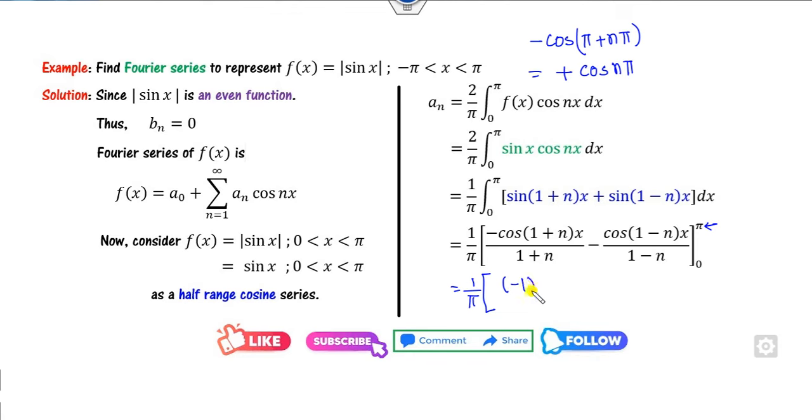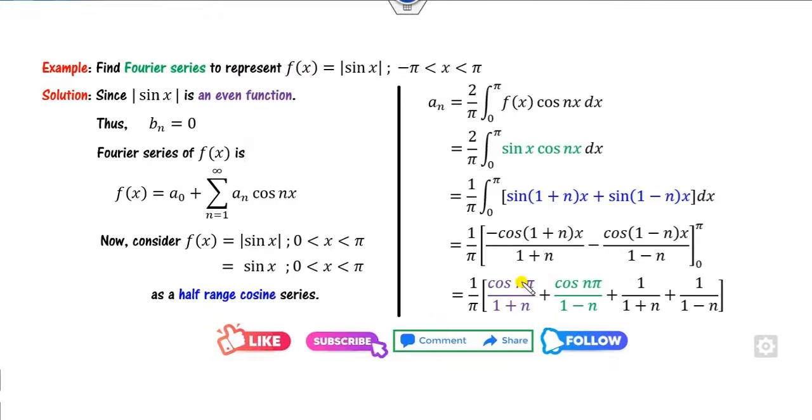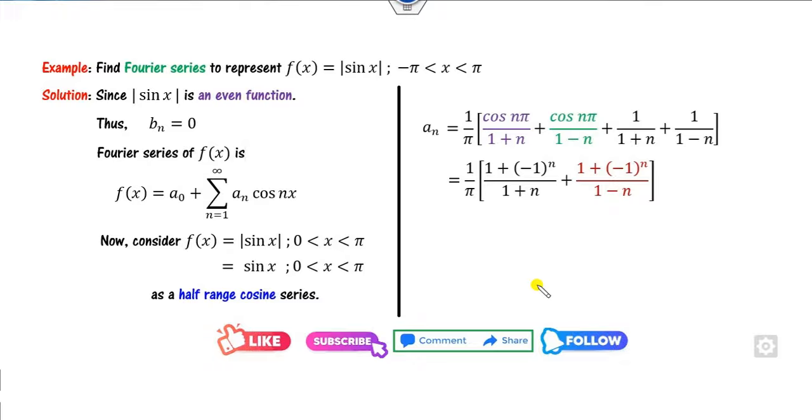Cos n pi will be minus 1 raised to power n. Similarly, this number is minus 1 raised to power n over this number. If you substitute 0, cos 0 is 1, so this number is 1 over this number. Fine. Now you can take the LCM. This number is minus 1 raised to power n.